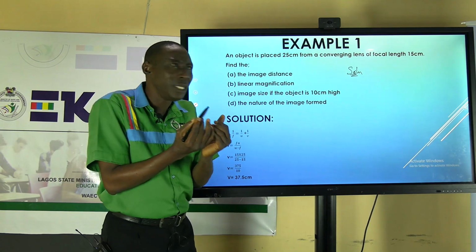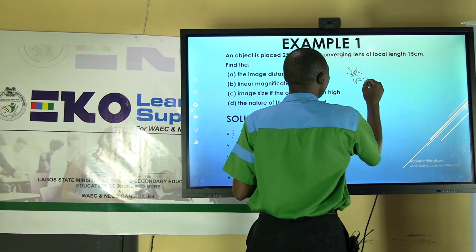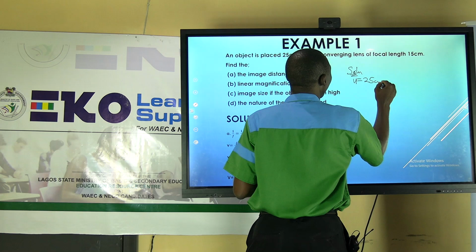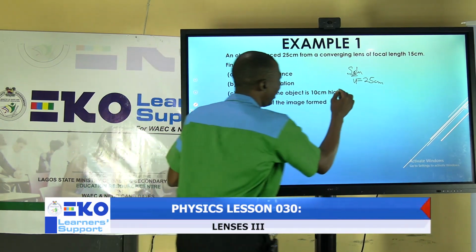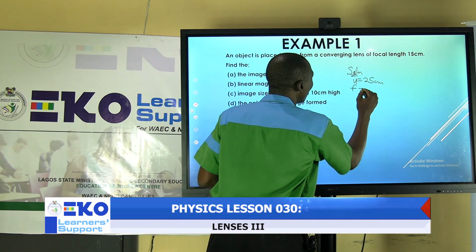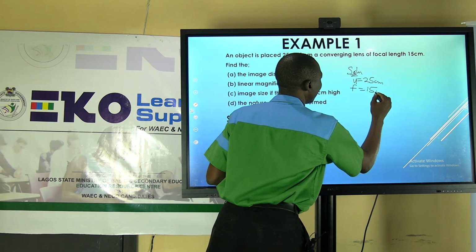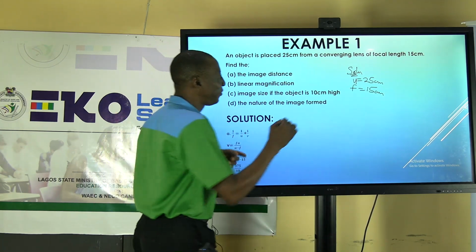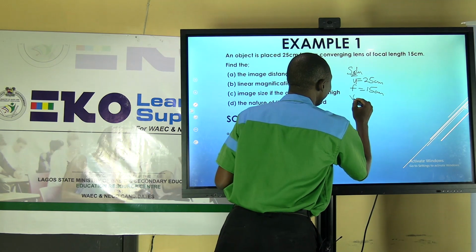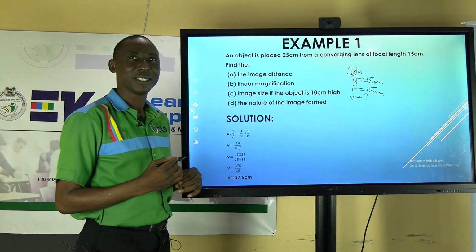The object distance is given as 25 centimeters, and we are given the focal length f equals 15 centimeters. Find the image distance. That means v is unknown. So let's start with that.